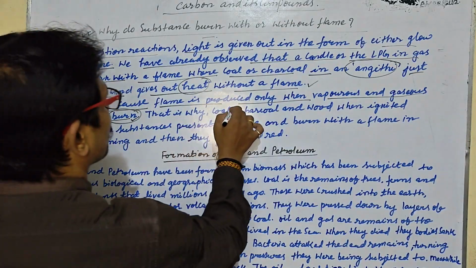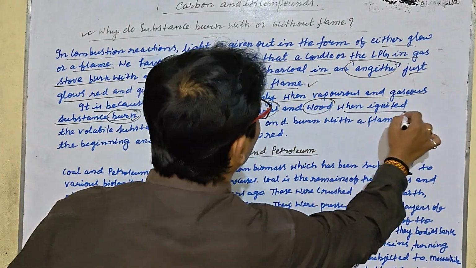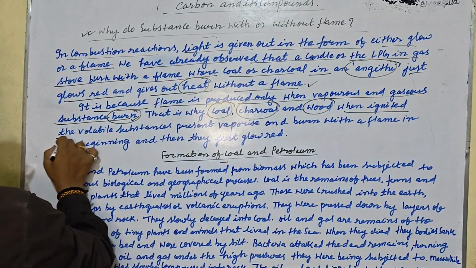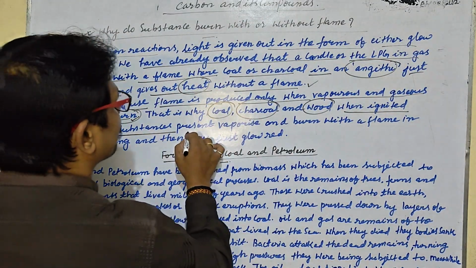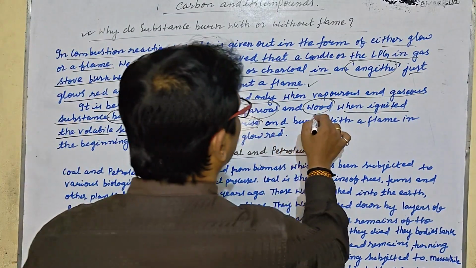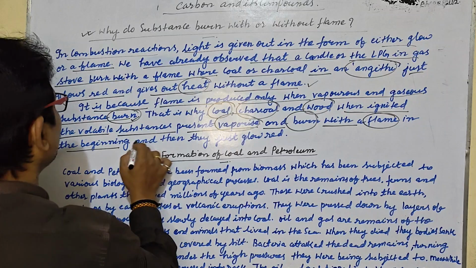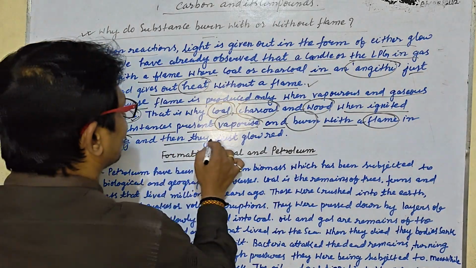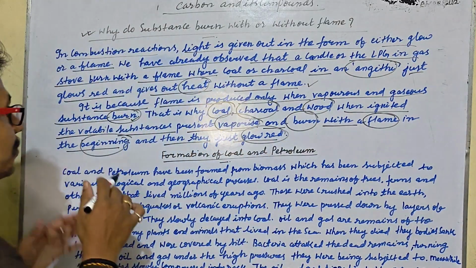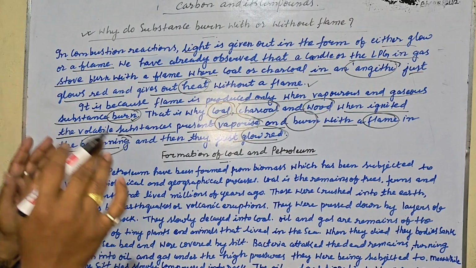That is why coal, charcoal, wood, when ignited, the volatile substances present vaporize and burn with a flame in the beginning, and then they just glow. So this is why substances burn with or without a flame.